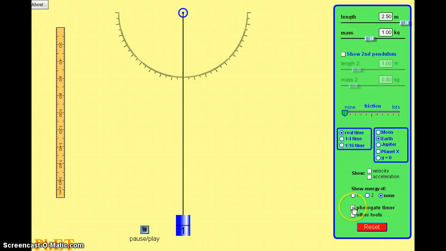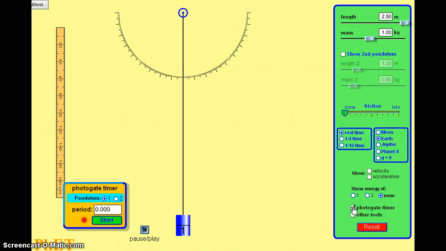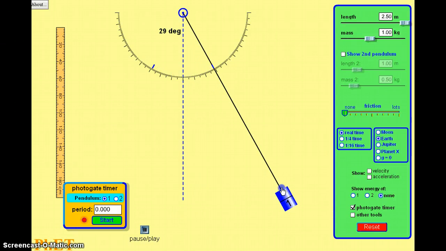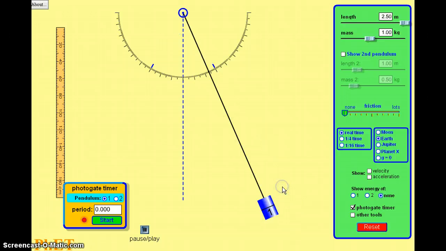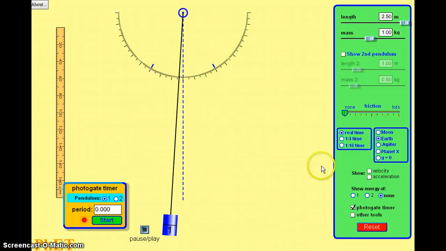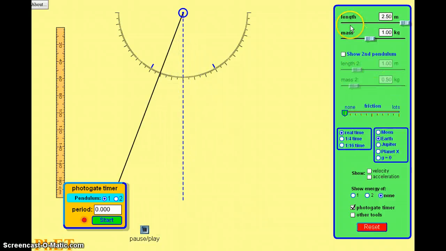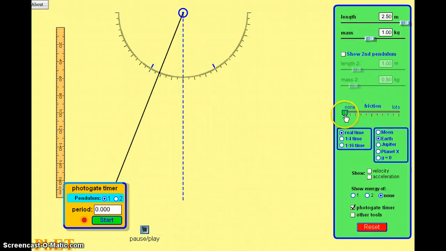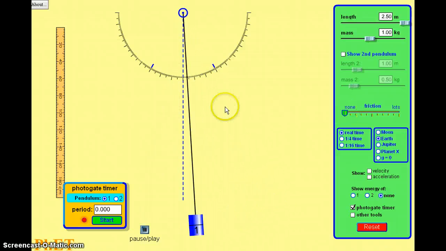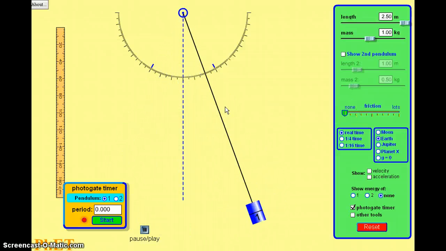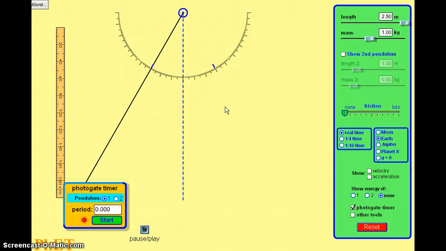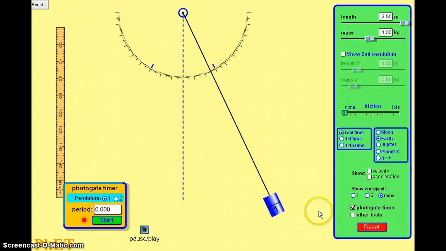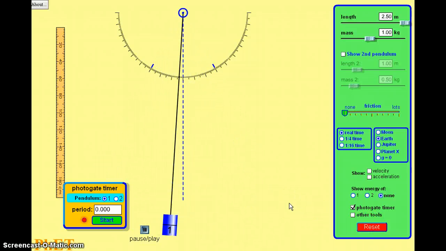Students measure time, or the period, using the photogate timer. Students are asked to release the pendulum always at an angle of 30 degrees. And students are also instructed that nothing else on this green box needs to be changed. Because friction is set to none, you'll see that the pendulum will constantly swing backwards and forwards to 30 degrees on either side until we press the red reset button down below.